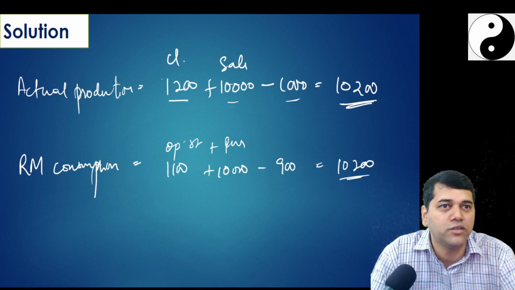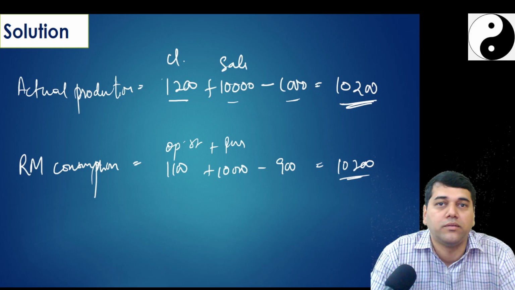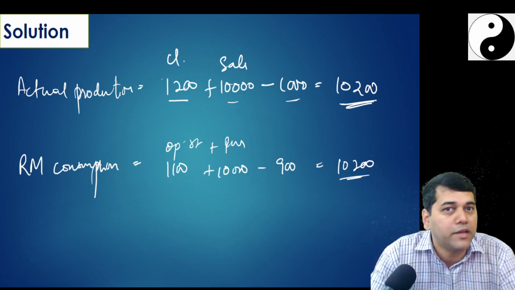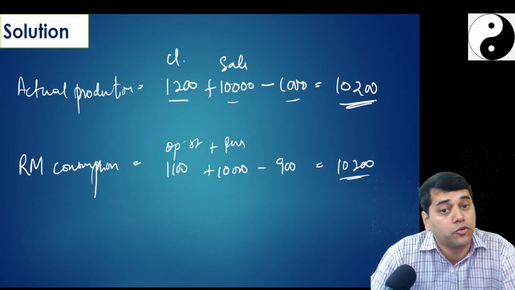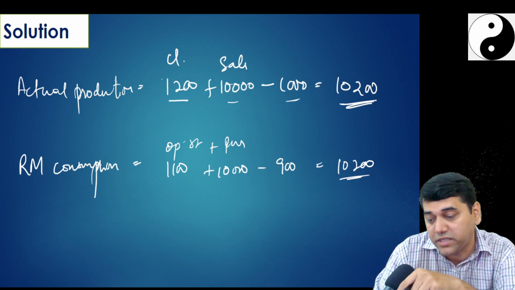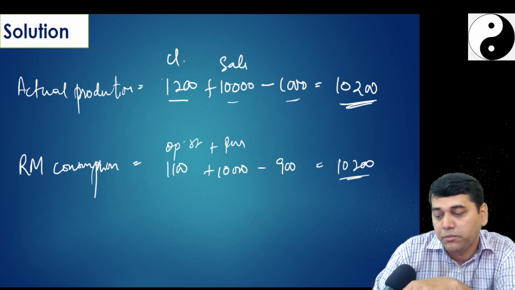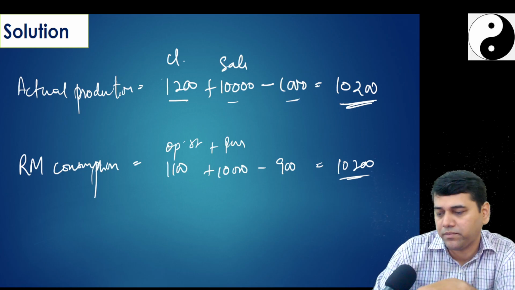Is there any confusion? But look at the numbers, how beautifully crafted. That's why I am telling you, highly probable. Understand this question in principle, because the raw material purchase and sales values may change. Beautiful, and prices are also the same.